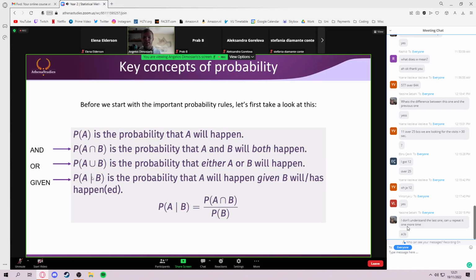So let's say that you want to come up with a new medicine for ADHD. You want to see the probability that this medicine helps, given that the event B has happened. And you can say that event B is when you have ADHD. So you want to see the probability that the medicine will help, given that people have ADHD.